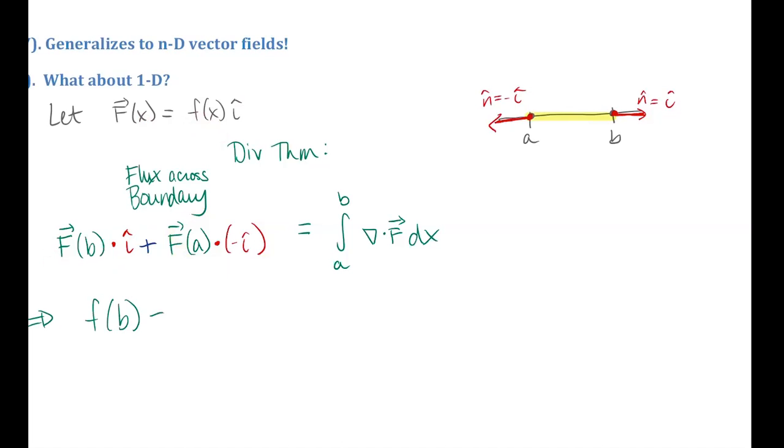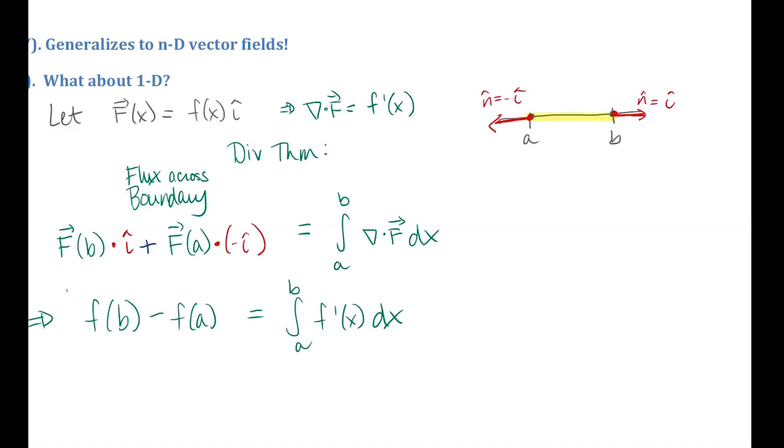So I'll have minus f of a. And this is going to be equal to the integral. Now let's see what the divergence is. The divergence of this vector field is just going to be the partial derivative with respect to x of the i component, so just f prime of x.